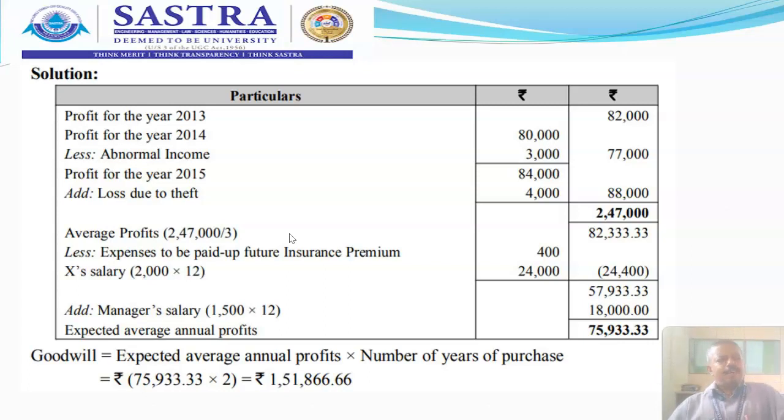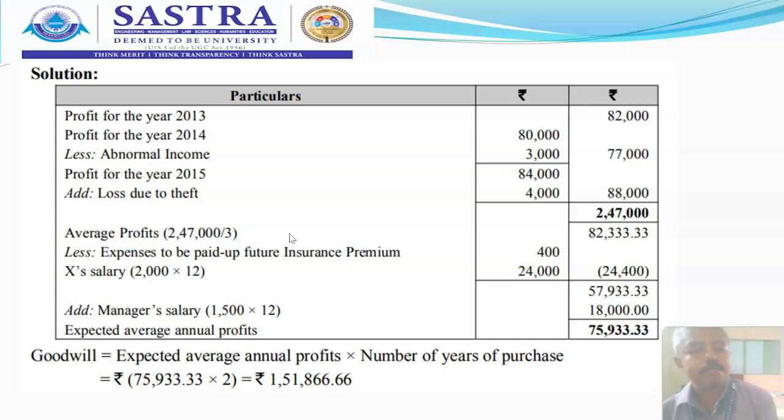Then Mr. Y, we are paying the salary to the manager every month for the last 3 years, 1,500 rupees. So for 3 years he has been paid. Since we have taken an average, now we can take it for only 1 year. It was already subtracted, but now we need to add it back because it's not going to be regular in future.